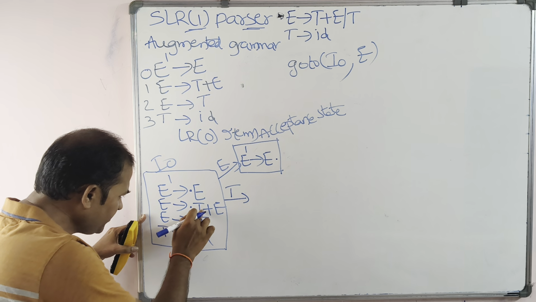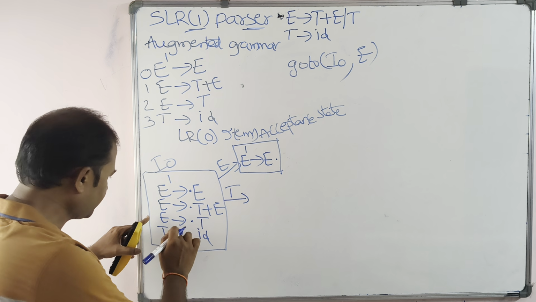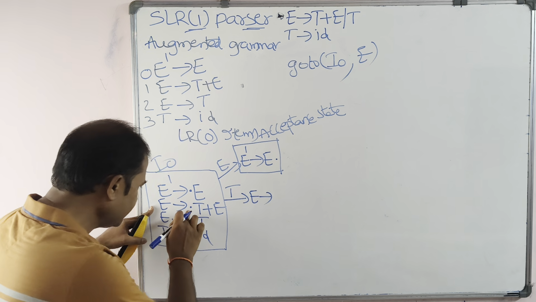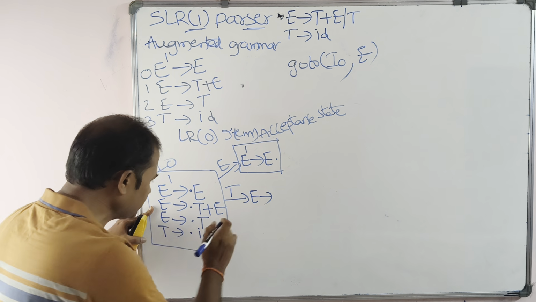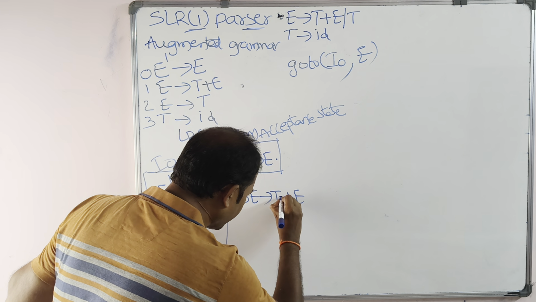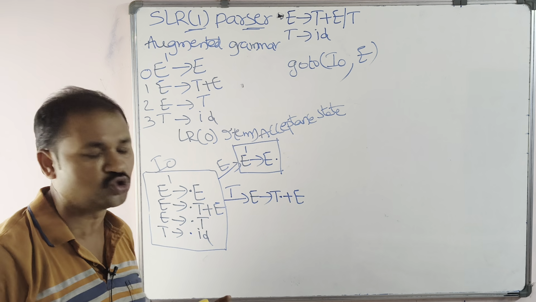Next, apply T on I naught. Here, after the dot we have T, and in this production also after the dot we have T. So apply T on I naught on these two productions. Then E produces, the dot will be shifted one position to the right, so the new production will become E produces T dot plus E. After the dot we have a terminal, so no need to find the closure.